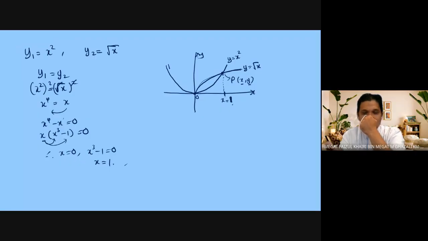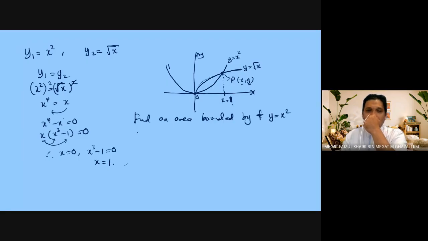Yes, find the coordinates. Because if the question is to find an area bounded by the curve of y equals x squared and y equals square root of x, where is the area that I'm talking about?